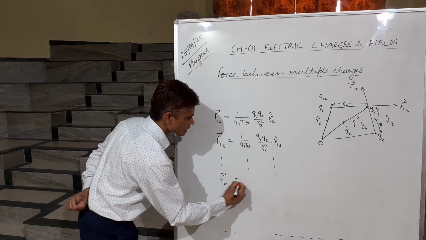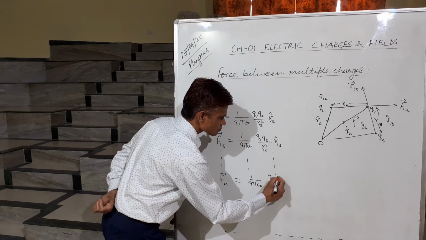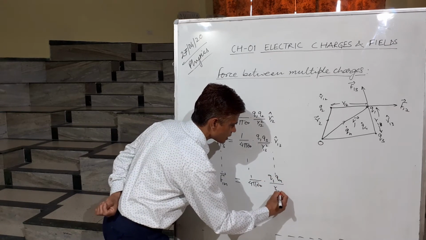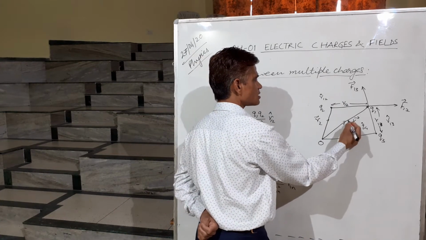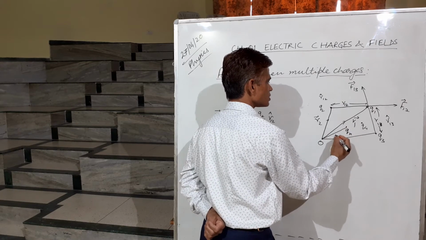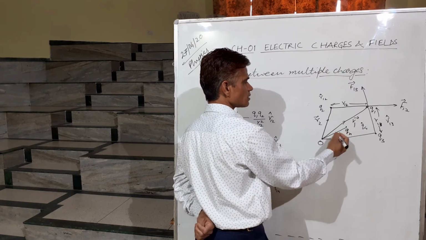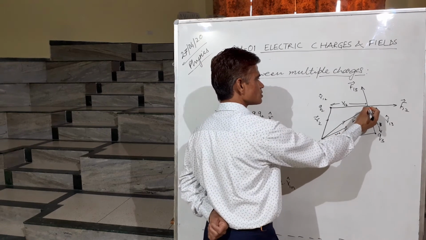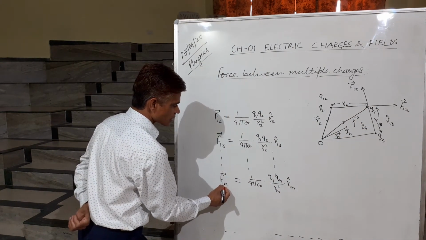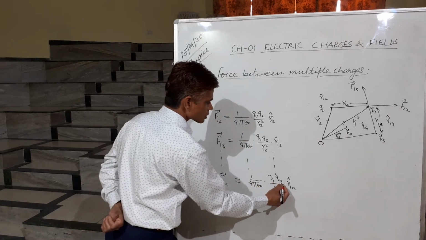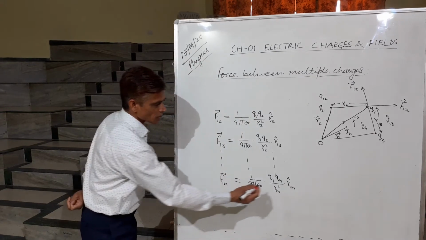In the same way we can write 1 by 4 pi epsilon naught into q1 qn upon r1n square into r1n cap, where r1n cap is the unit vector, and this is the nth charge with position vector rn.